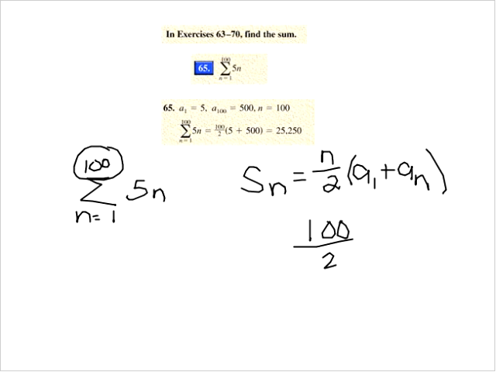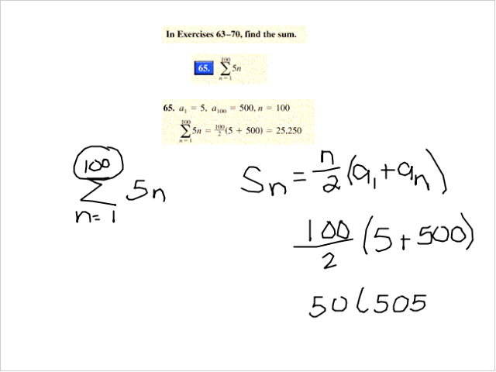For the very first term, if we plug 1 in for n, 5 times 1 is 5. If I plug 100 in for n, 5 times 100 is 500. So when we simplify, we get 50 times 505, which gives us an answer of 25,250.